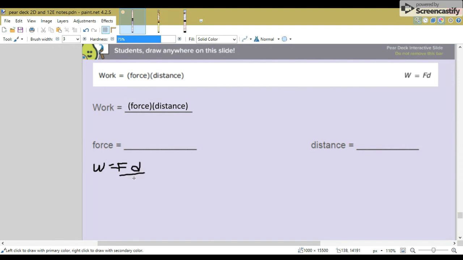To get the force by itself, you divide each term, in this case, by D. So we have force equals W over D. So force is work over distance.